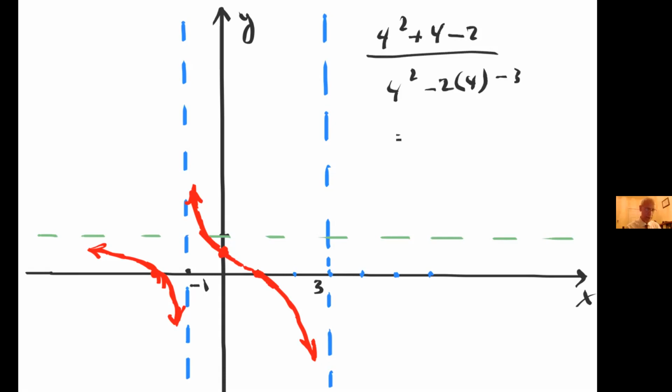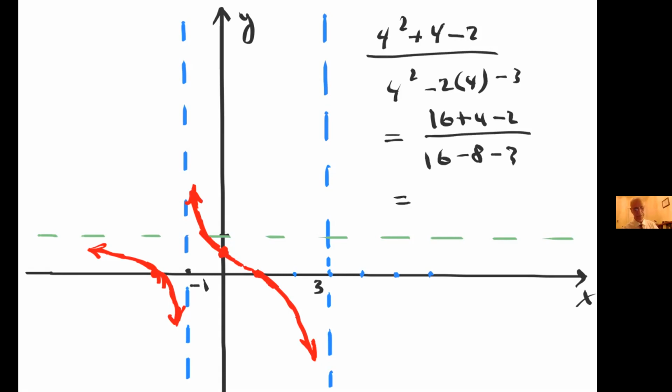So if I plug in 4 in my rational function, I get 4 squared plus 4 minus 2 over 4 squared minus 2 times 4 minus 3. So that gives me 16 plus 4 minus 2 over 16 minus 8 minus 3.